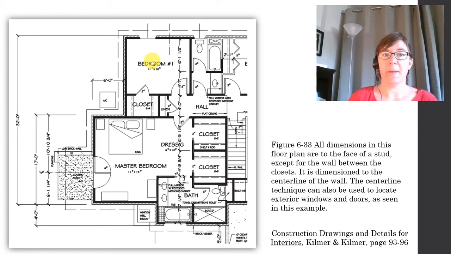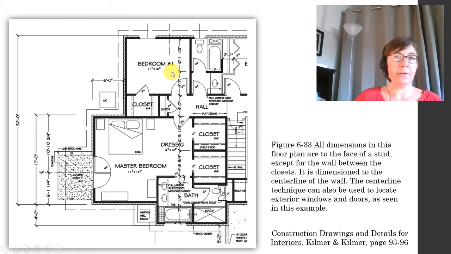Now, when you place your dimensions on your drawing, it may not always be exactly clear what that dimension is particularly pointing to. For example, let's take a look at this floor plan dimension right here. It says 6 foot 1.5 inches, and its tick marks are marking right here at the edge of this wall, and then here at the inside face of this bathroom wall.